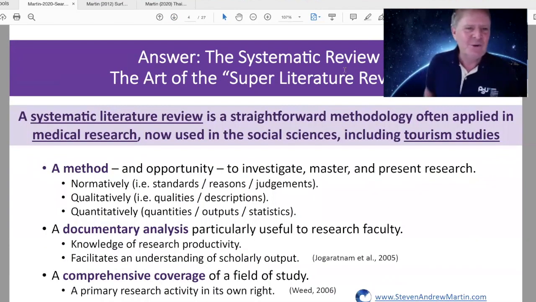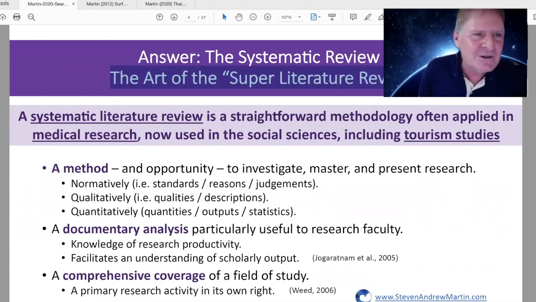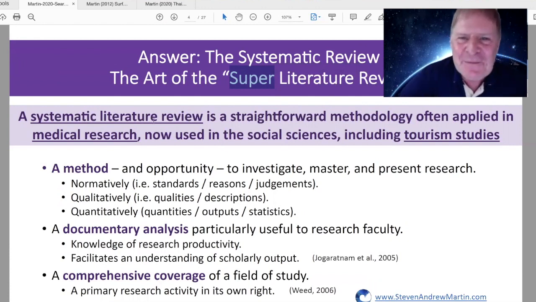So the answer to the question, what's the powerful secret, is a systematic review. I would call it the art of a super literature review. And as I present this morning, you'll get the idea of why I use the word super and what that means. Okay, everybody ready for me to jump into the serious stuff?